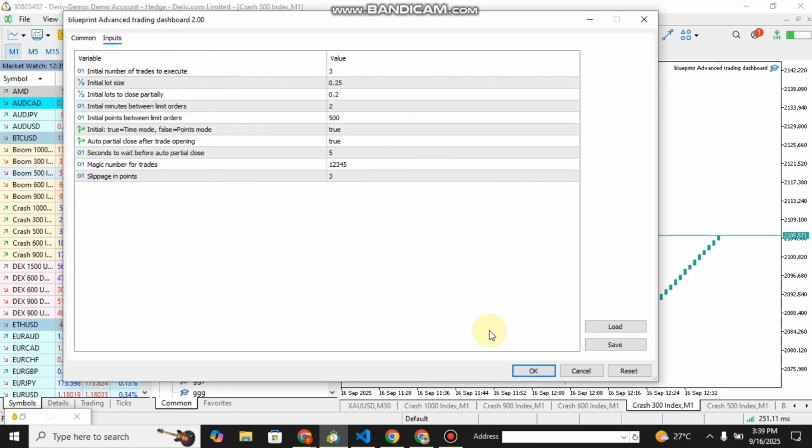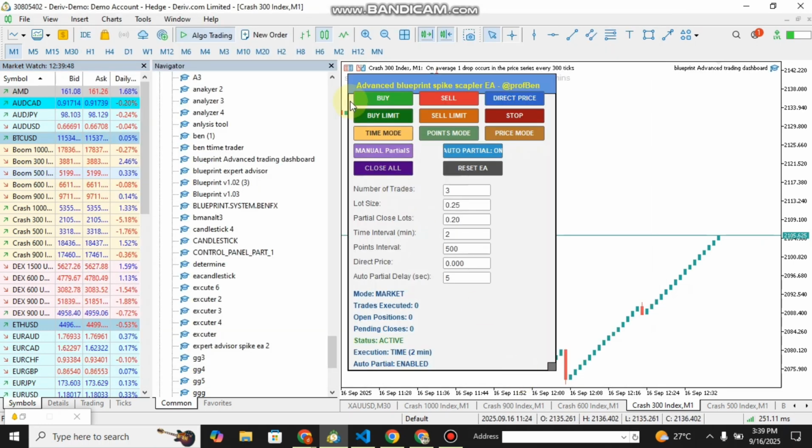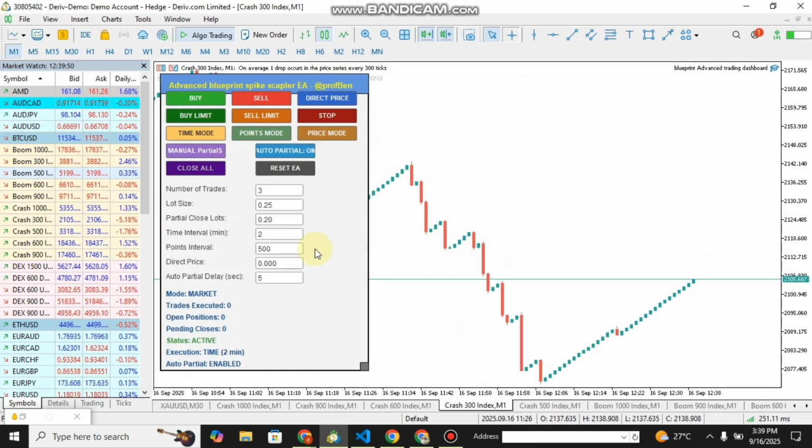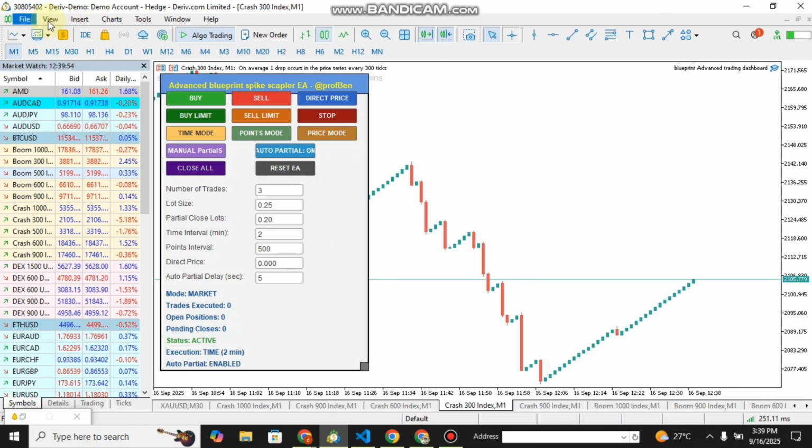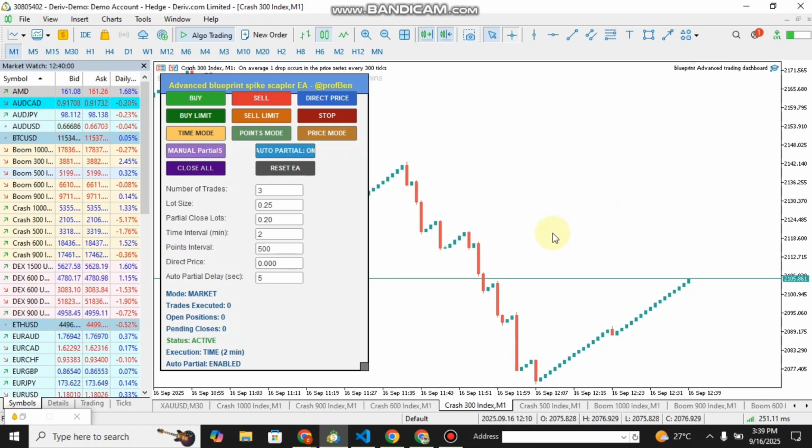So the trader's dashboard. This is what you use to execute trades. Let me try to show. Okay, you can learn more about this dashboard in a video I made about it.